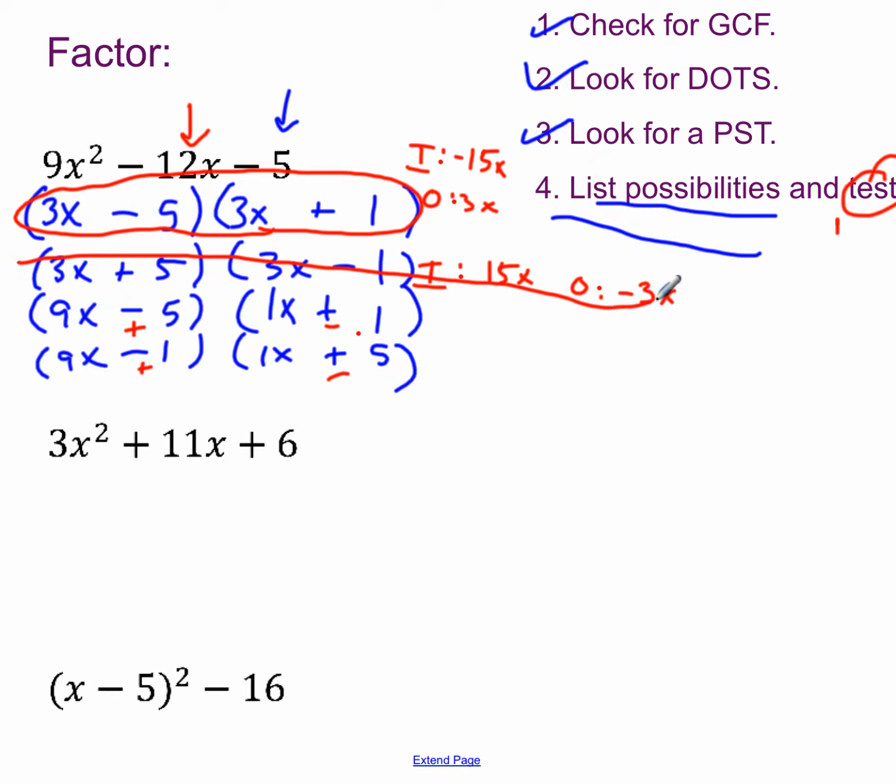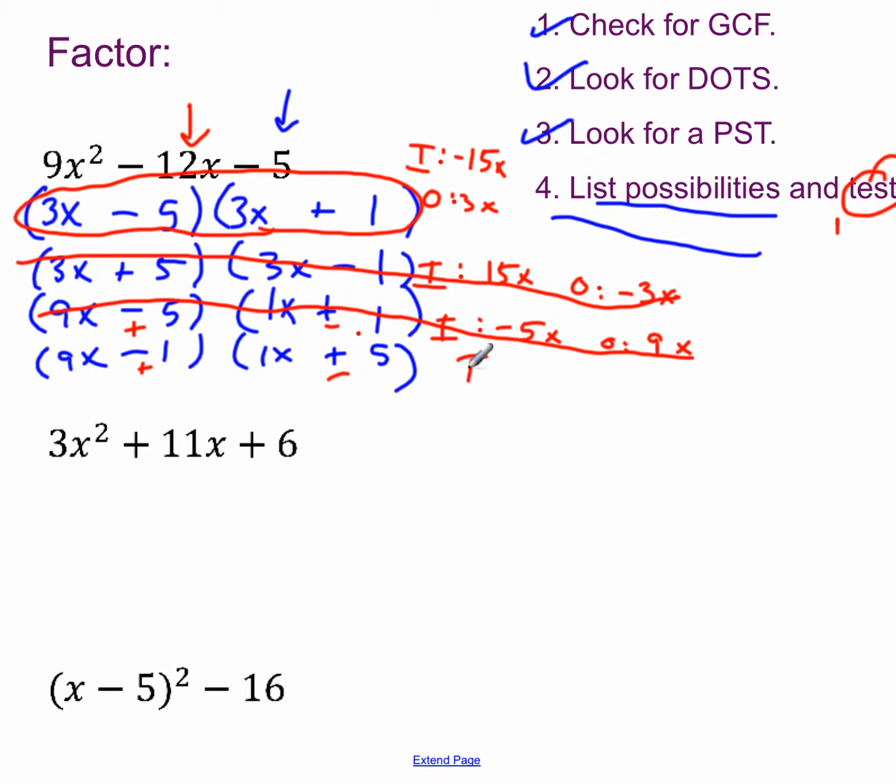That's not the answer. Then if I have 9x -5, 1x plus 1, my inners give me -5x. My outers give me +9x, which gives me a total of 4x, which is not right.